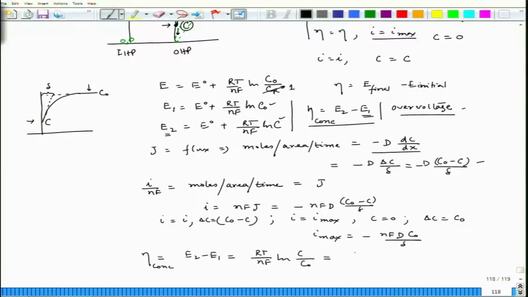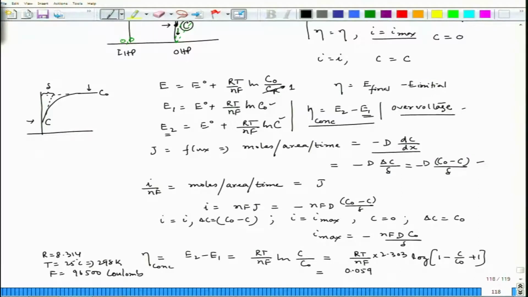So, this I can write in terms of RT/nF into 2.303 log, I can have C minus C 0 plus 1, and if I take R to be 8.314, T equal to 25 degree Celsius, that means 298 Kelvin, and F equal to 96500 Coulomb, then I can get 0.059 by n log 1 minus (C 0 minus C) by C 0.